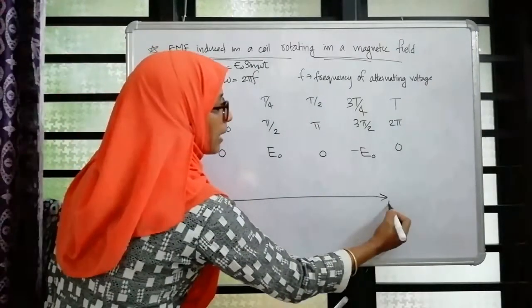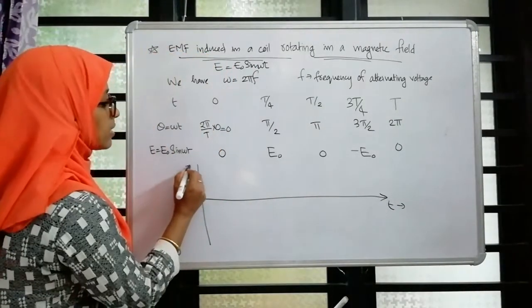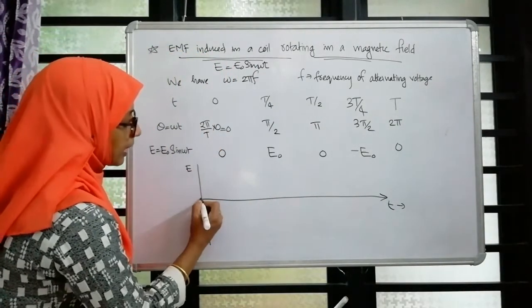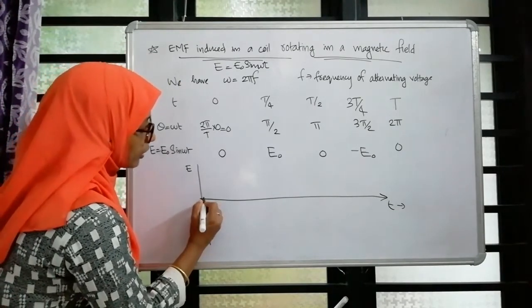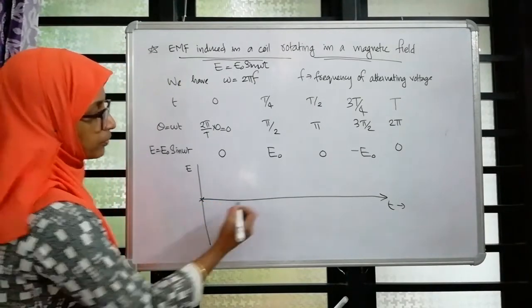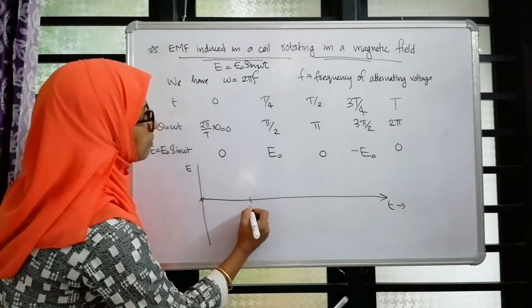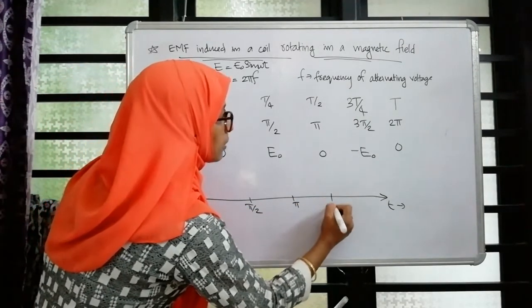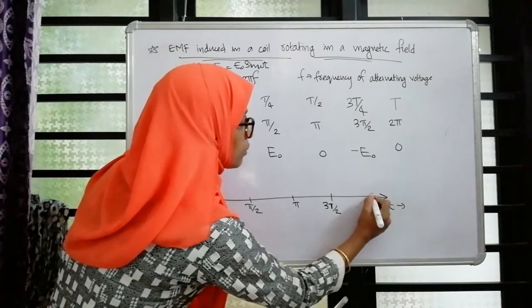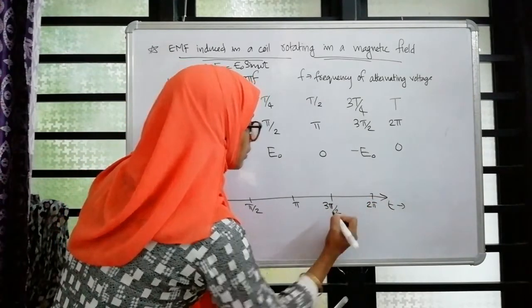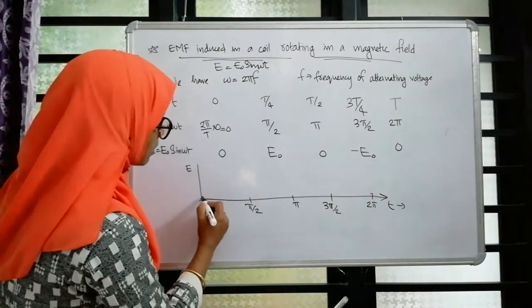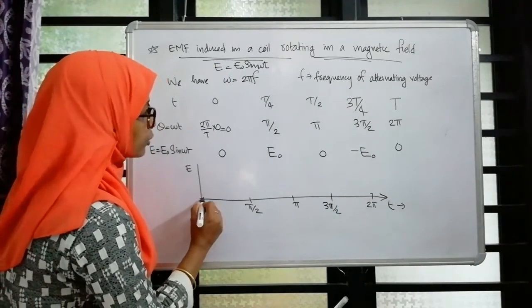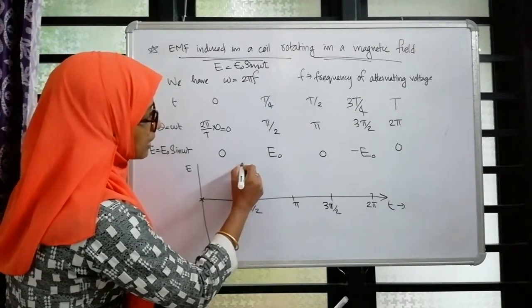Now, if we draw like this, if this is the time going on, and this is the alternating EMF. At the time t equal to 0, the alternating EMF is also 0. Then pi by 2, pi, 3 pi by 2, 2 pi. So, we can draw it as from 0 to pi by 2, it will be maximum, that is E0.